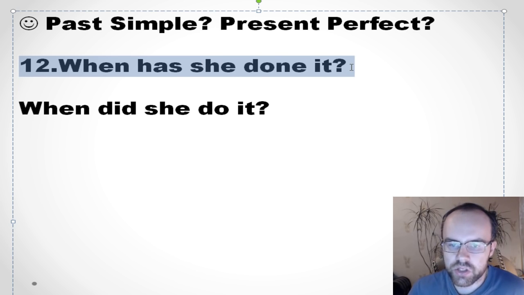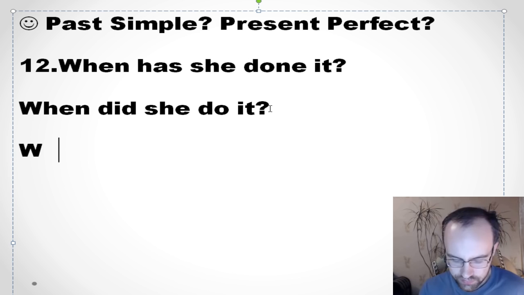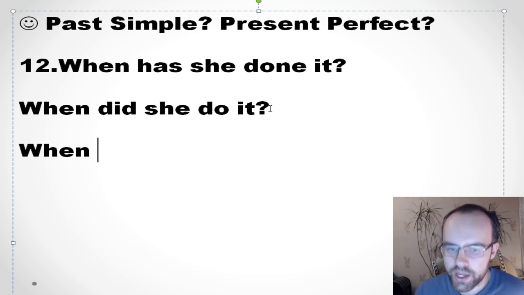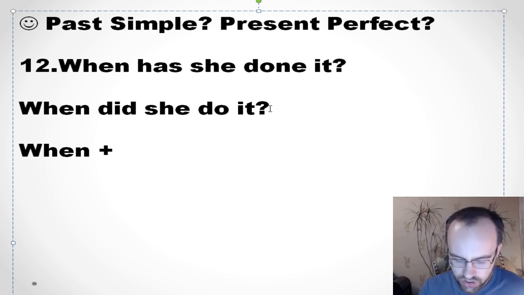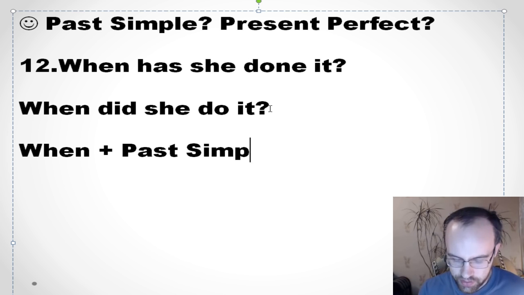If I ask you why it is incorrect, why is it wrong, students often say, oh, I don't know. But there is a rule, my friends, that if you have when and you ask something about the past, you need to use past simple.